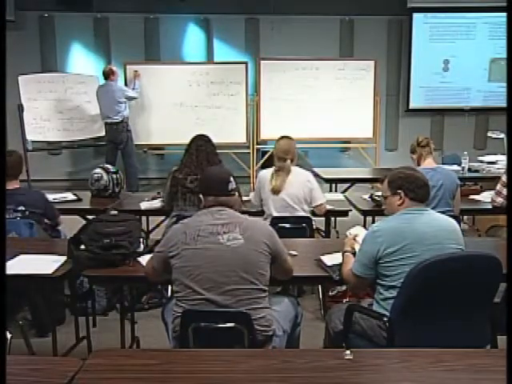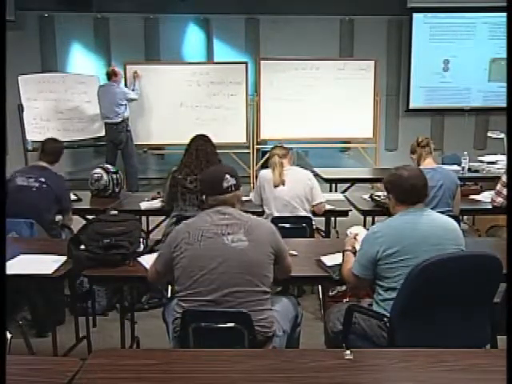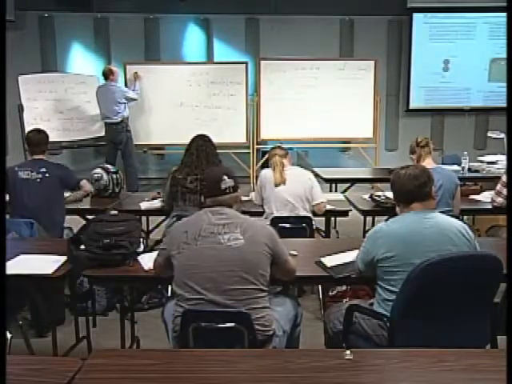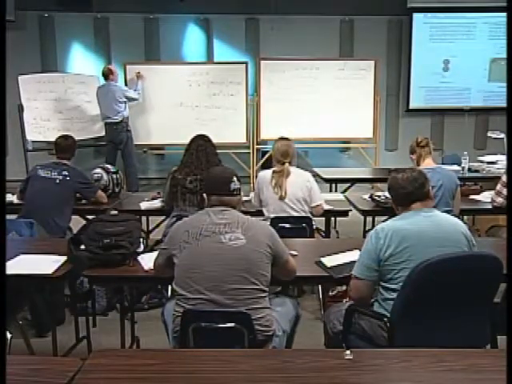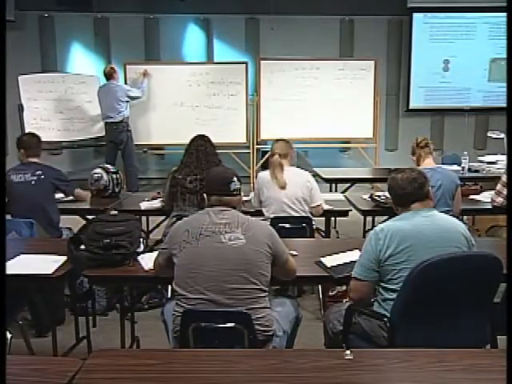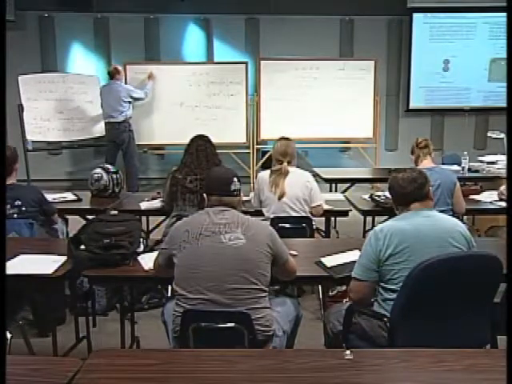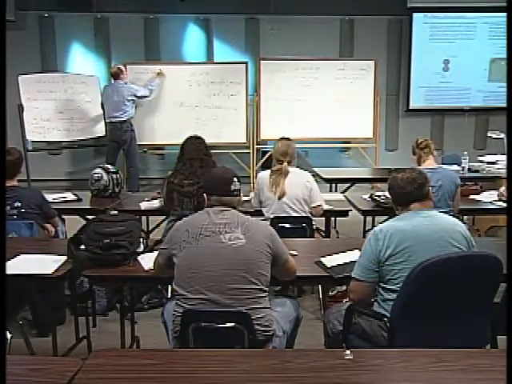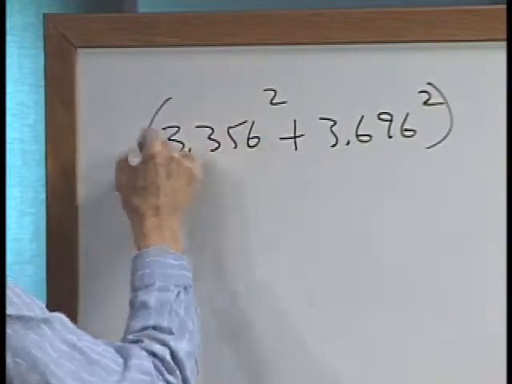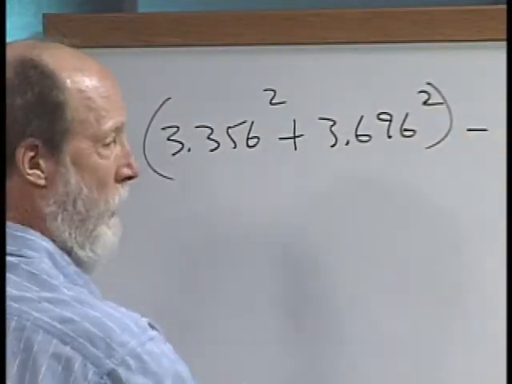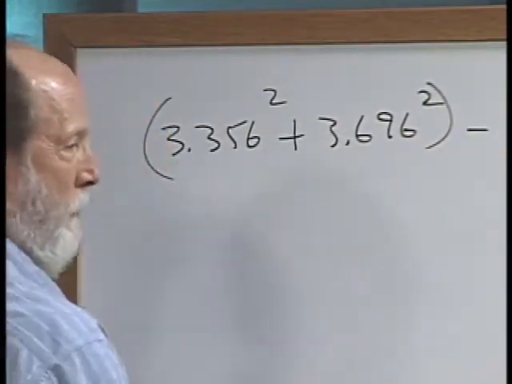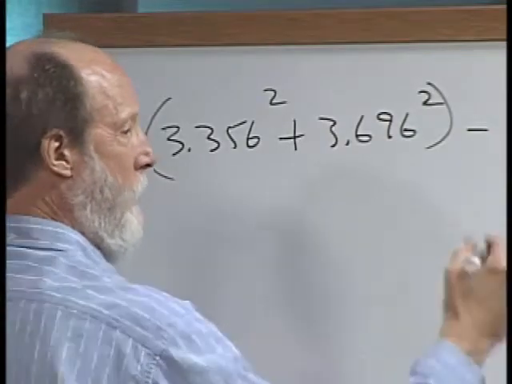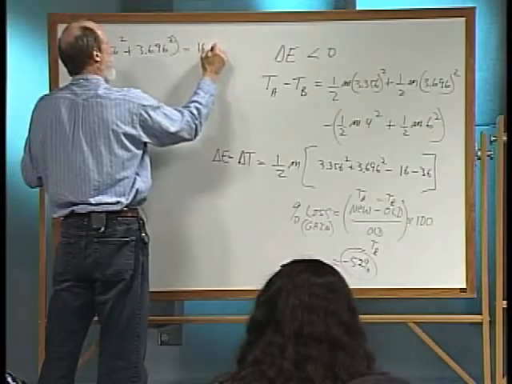So, we have the after. It's going to involve the 3.356 squared and the 3.696 squared. The before should be the 16 and the 36.